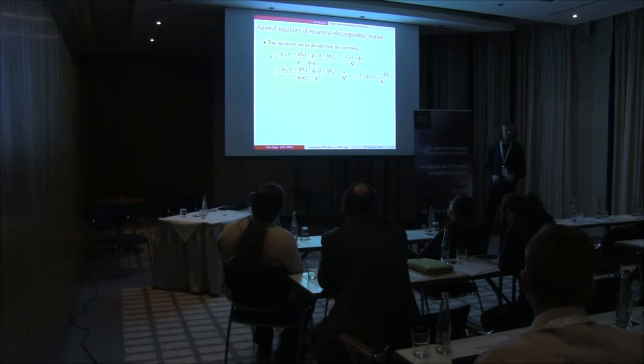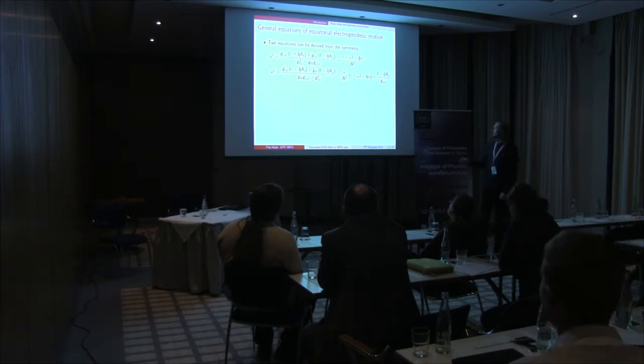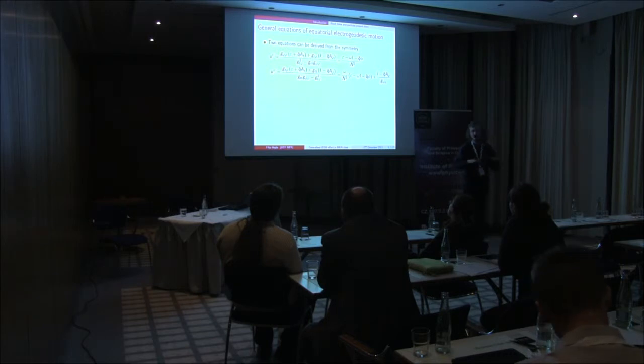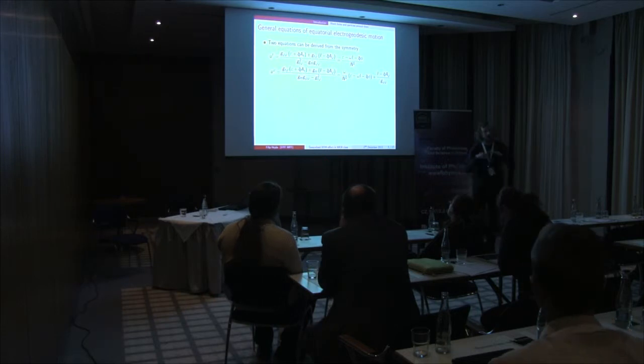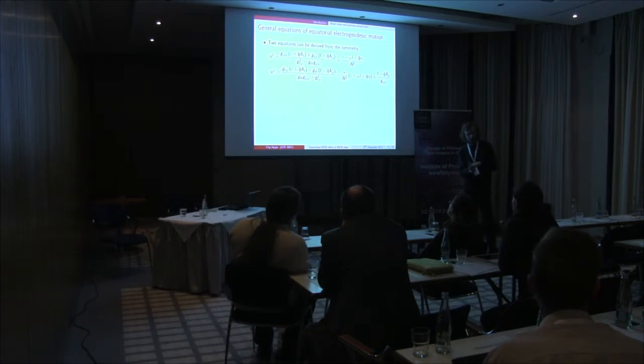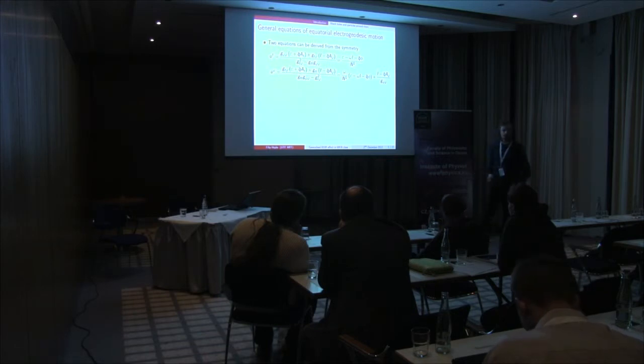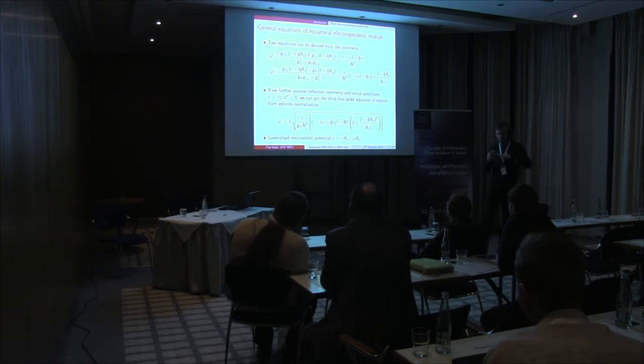Now, from the symmetry and from the existence of the mentioned two constants of motion, one can get two first-order equations of motion, and when we impose an additional symmetry, the reflection symmetry, which is quite natural for black hole spacetimes, when we start in the equatorial plane and when the velocity is also pointing in the plane, the particle has no reason to deviate to one or another side, so the motion is constrained to that plane, or hypersurface rather, and so we can get the third first-order equation of motion.